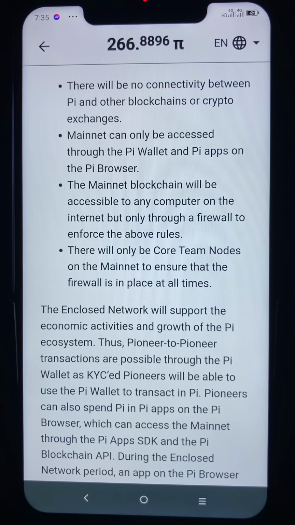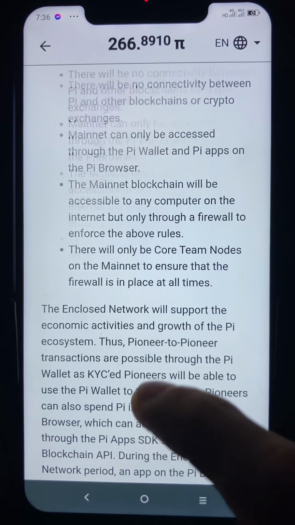Hindi na natin need mag-alinlangan na baka merong other nodes na hindi naman ng core team, pwede siyang ma-compromise, right? In this way, since core team nodes ang ginagamit, panatag tayo doon.